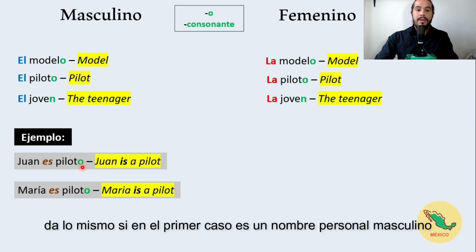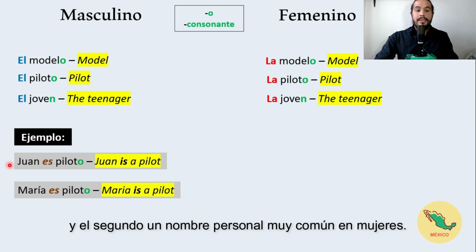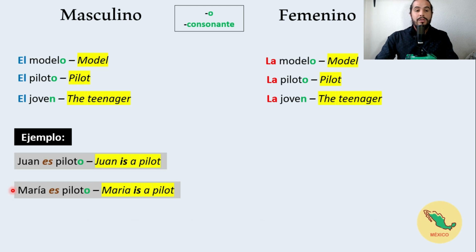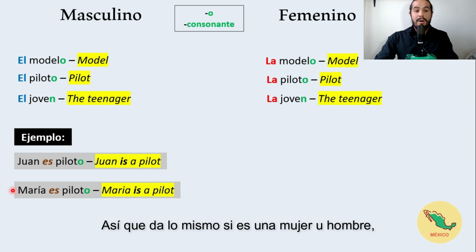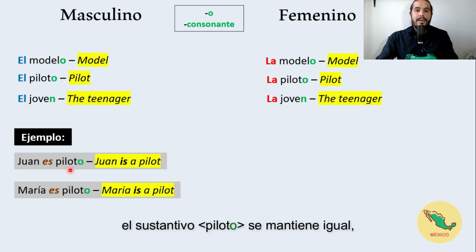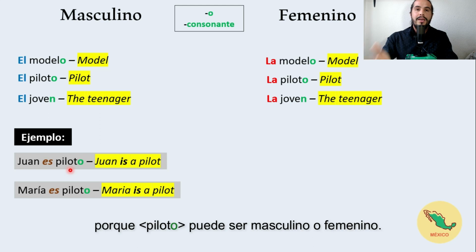It doesn't matter if in the first case this is a personal name for men, and the second one a personal name which is more common for women. So it doesn't matter if it is a woman or a man, the noun piloto remains the same because piloto can be either masculine or feminine.